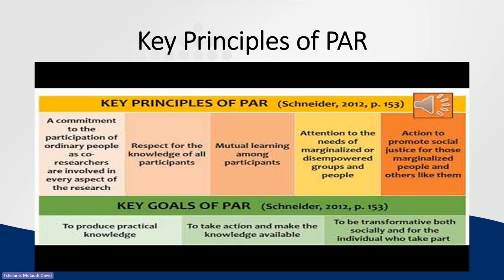Now, the key principle of PAR, according to Skender, is, one, a commitment to the participation of ordinary people as co-researchers. Now, remember, once somebody comes across in our community and tells us that they are a researcher, we're already afraid of that person. We see this person as powerful.